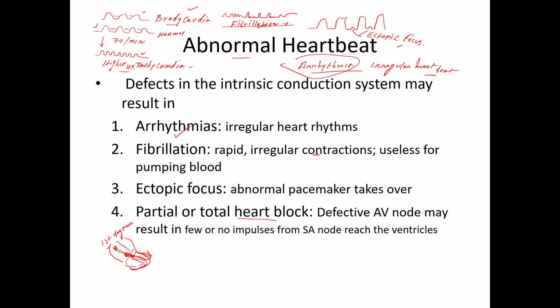If AV node is partially damaged or blocked, that is called the second degree. So some signal will be able to pass through and go to the wall of the ventricle. So that is second degree heart block. And if AV node is completely non-functional, that is third degree heart block. There is no definitive boundary which one will be considered first degree, second degree, third degree.